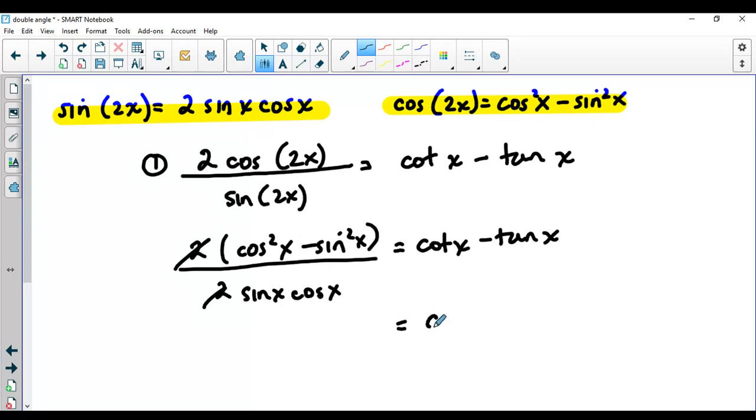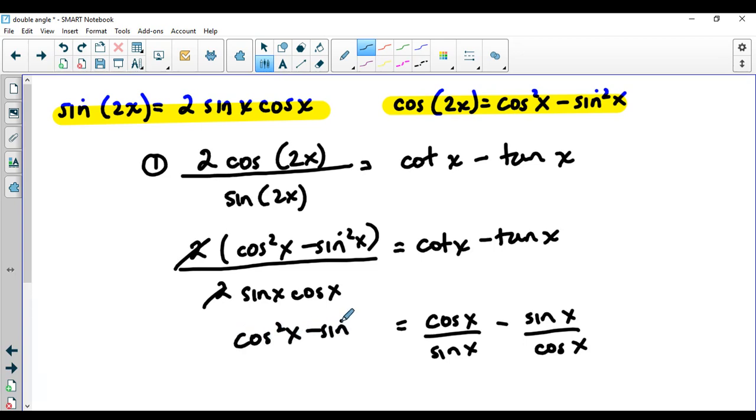So cotan is cos over sine. Tan is sine over cosine. Okay, so I'm going to rewrite this here.